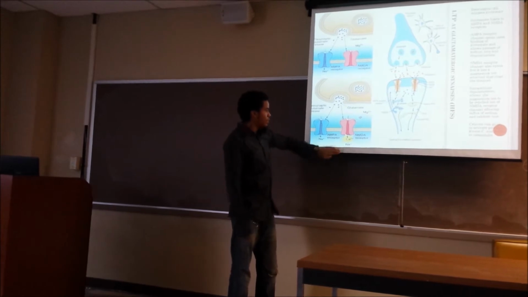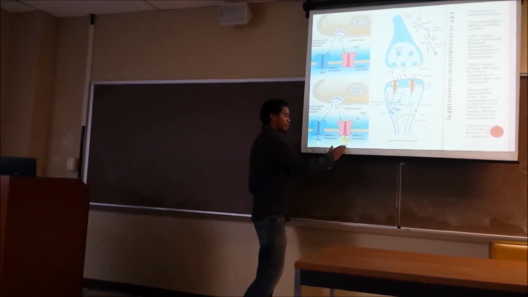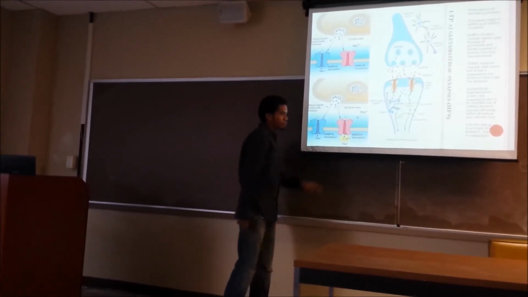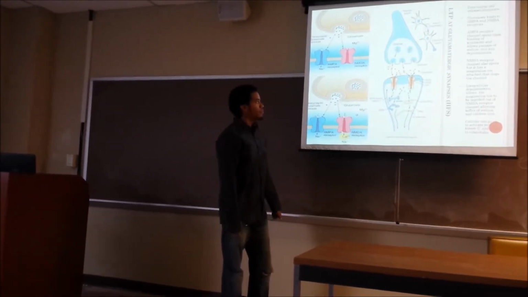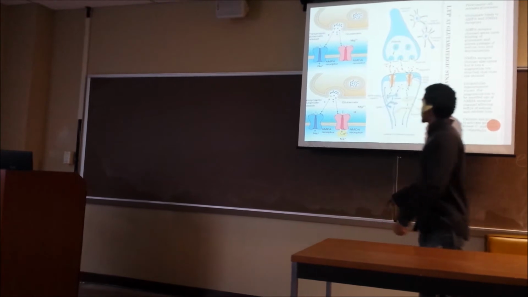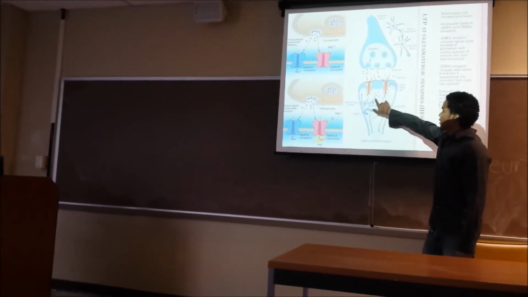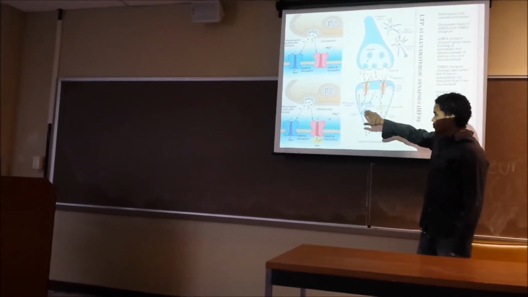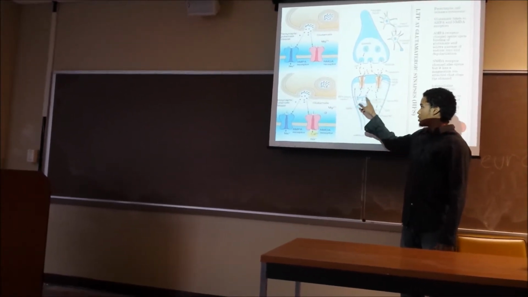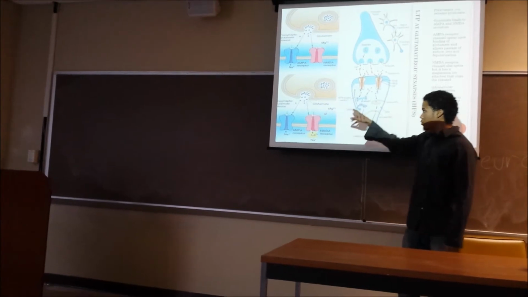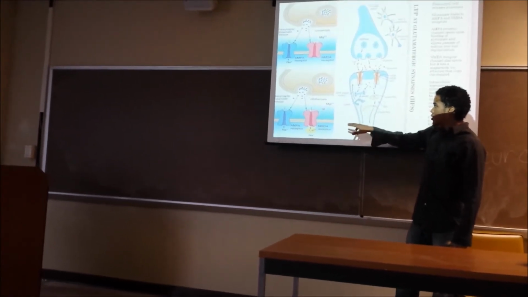But this channel, different from AMPA, in addition to allowing sodium in, also allows calcium in. And calcium is an important secondary messenger in the LTP process. As you can see here, after the NMDA channel opens, calcium will bind to this protein called calmodulin, and then calmodulin will bind to this kinase called CaMKII.